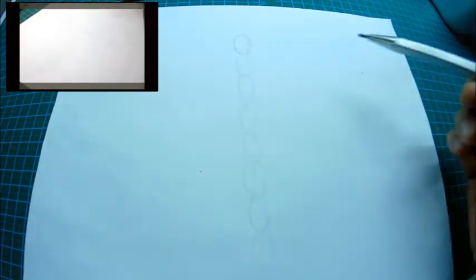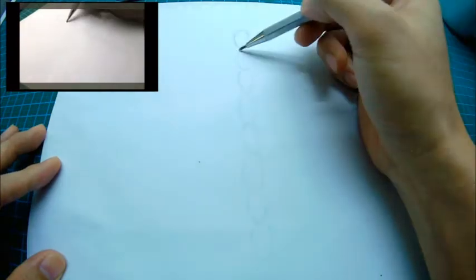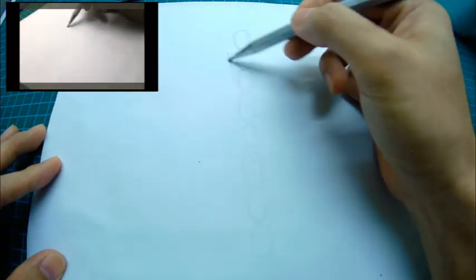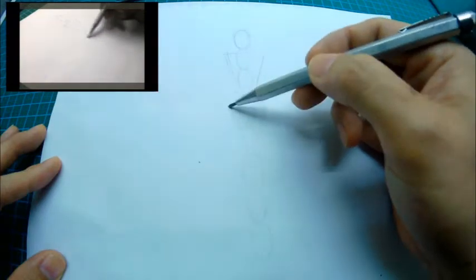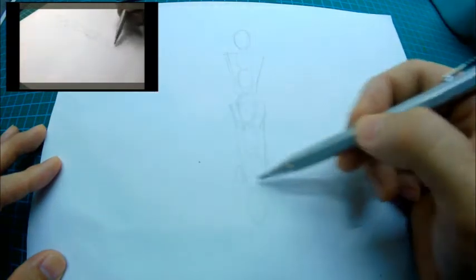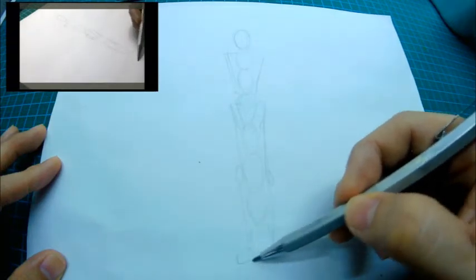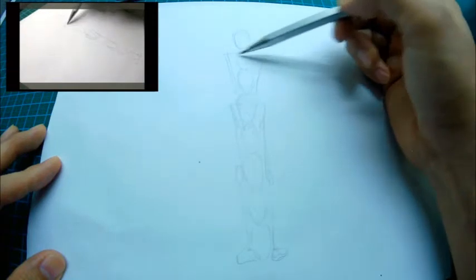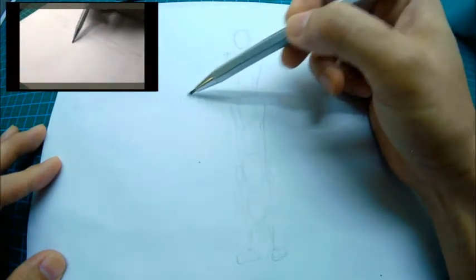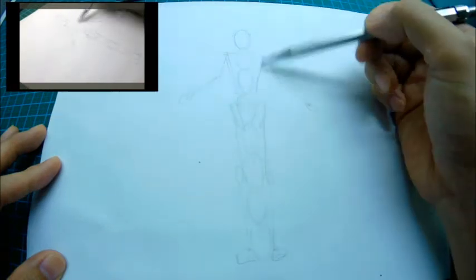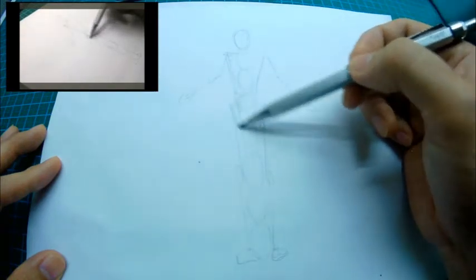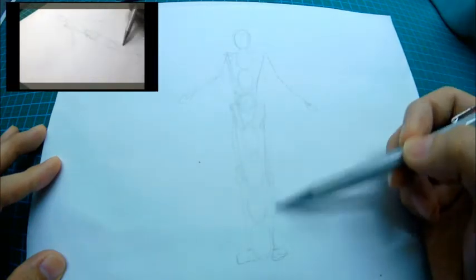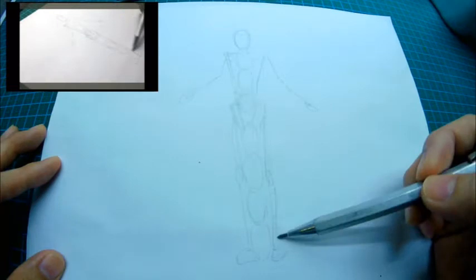So this is the proportion of a man. If you look, this is actually the head, the shoulders, the torso, the stomach, the abdomen, the hips, the legs, and the shins and the feet.